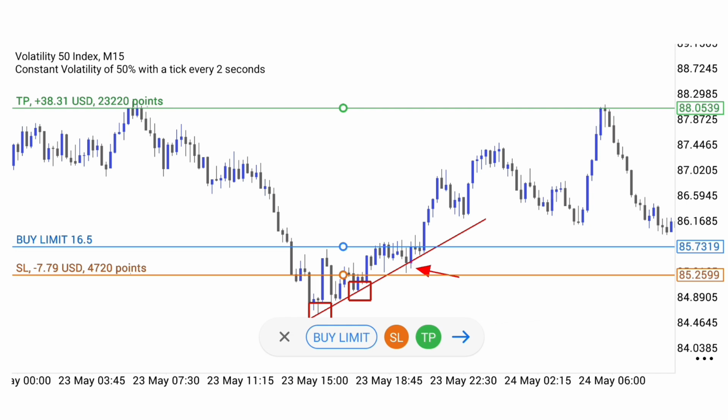All the OG traders know what I'm talking about, but you will see it at least once in a week on one asset. That's why you need to trade multiple assets in the market. Analyze multiple assets with one trading strategy, and you are good, guys. You are good to trade. Now, let me show you an example on volatility 10.